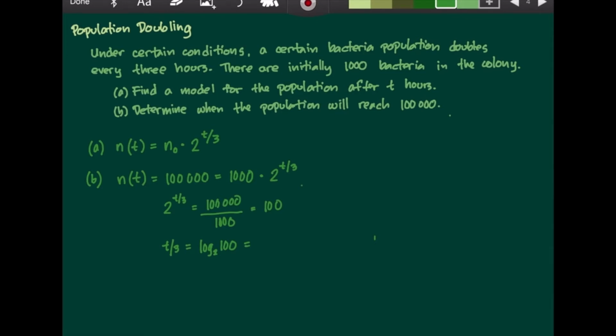And we can just use a calculator to compute the rest of these values. So we get t is equal to 19.932 or approximately 20 hours. Malapit naman na. Let's round it up. So after approximately 20 hours, kung hindi siya malilimit nung amount of food, amount of space, amount of oxygen, will reach around 100,000.